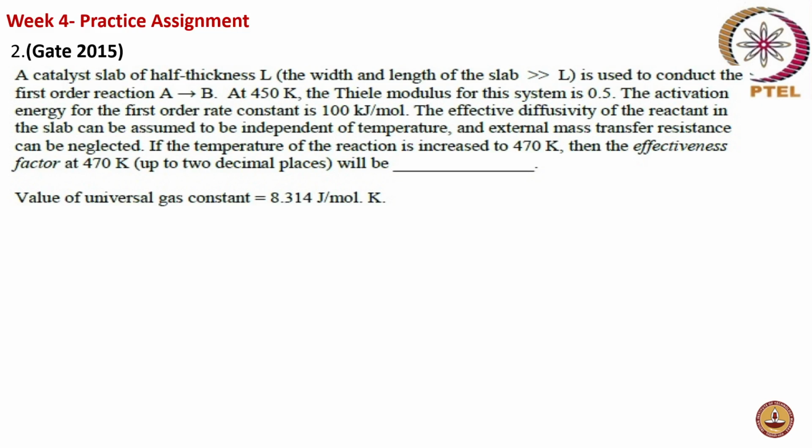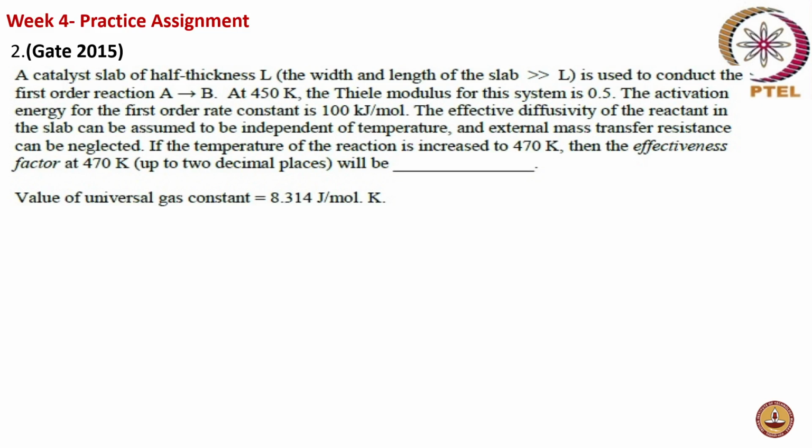So what have they given? They are using a slab catalyst, and the Thiele modulus for conducting a first order reaction. The reaction is of first order, and the Thiele modulus for this first order reaction at 450 Kelvin is 0.5. They have also given the activation energy E for this reaction, which is equal to 100 kilojoule per mole.